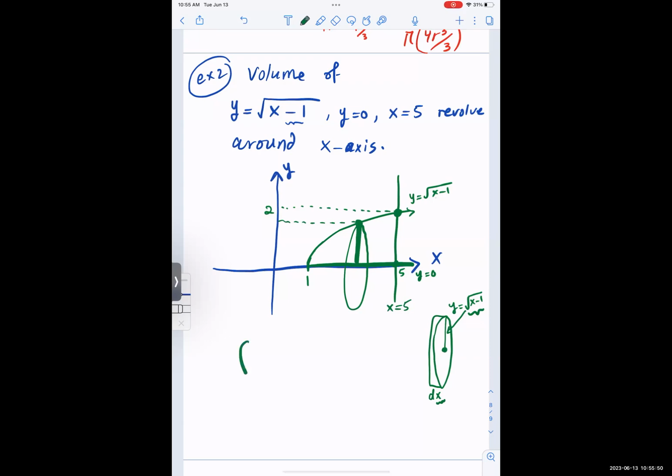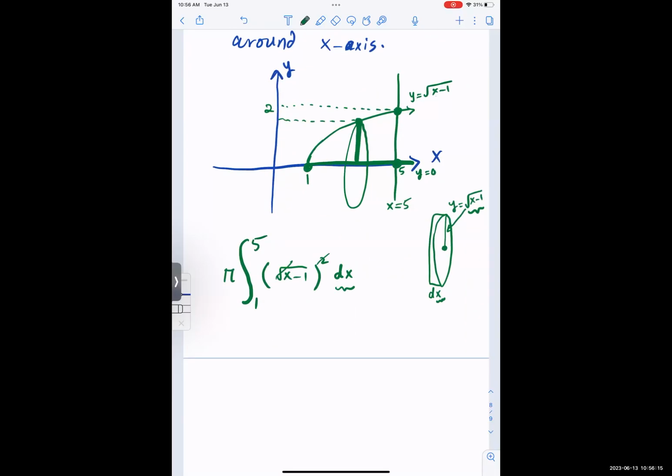So I'm going to set up my integral. I have dx, pi, outside, inside, doesn't matter, pi r squared. What is r? Radical x minus 1, squared. And since it's dx, I need the minimum and maximum value of x, 1 to 5.